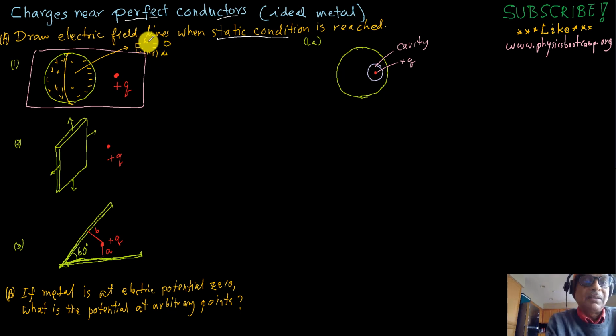This is the net. This charge is creating potential and field at a particular point here, this charge is creating a field here, and this charge is creating a field here. All those fields add up to 0.